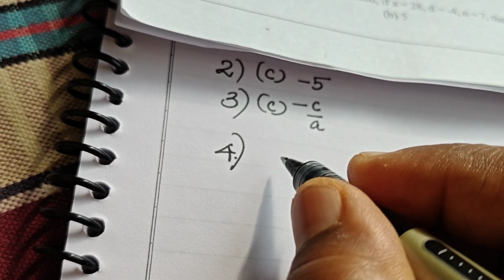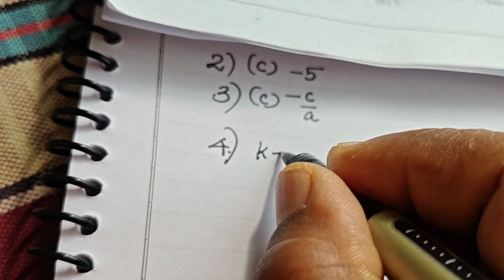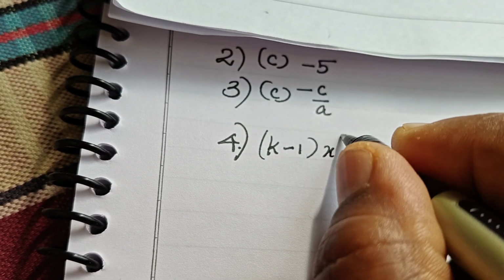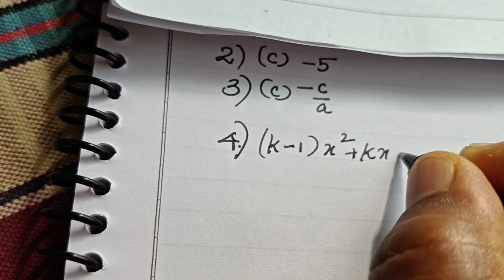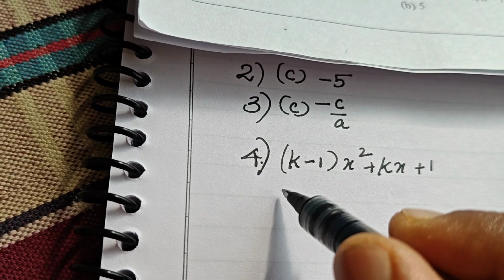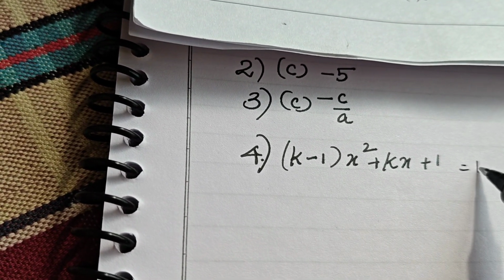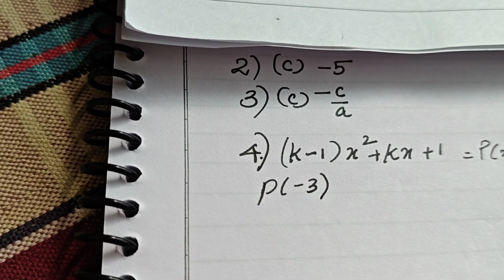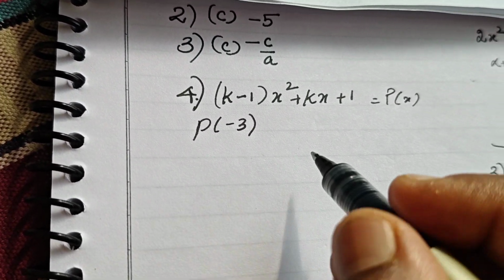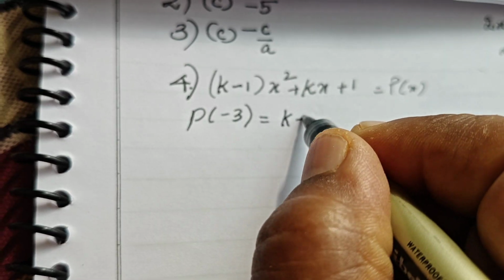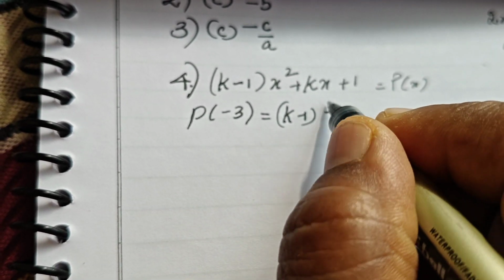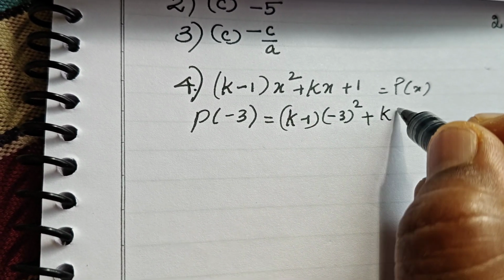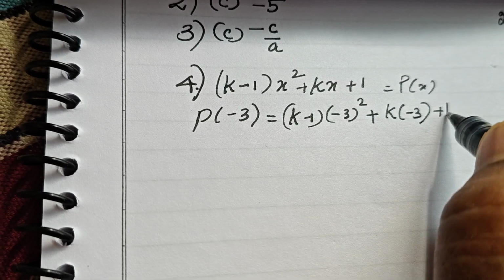So the given equation in question number 4 is k minus 1 into x square plus kx plus 1. They told minus 3 is a zero. This is p of x. So p of minus 3 equal to k minus 1 into minus 3 square plus k into minus 3 plus 1.